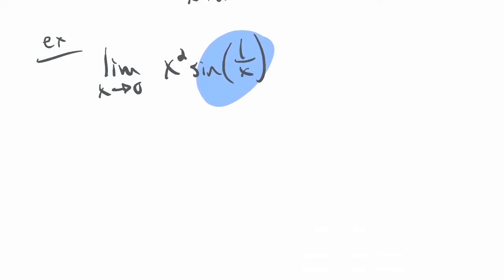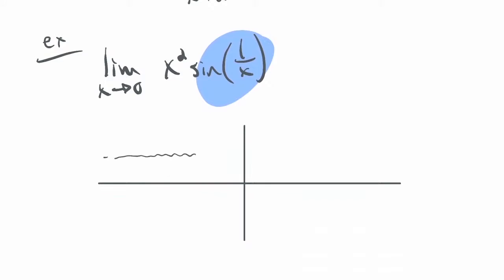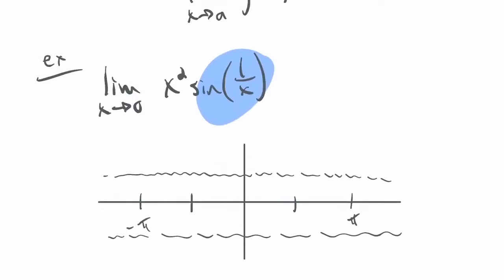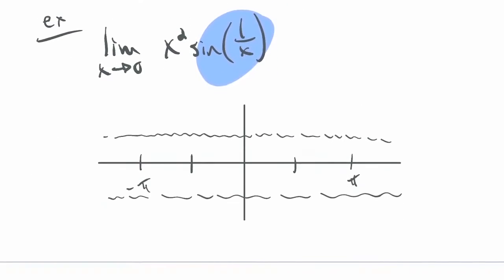So if you graph sine of 1 over x rather, then you get something like this. So here's y equals 1, here's y equals negative 1. Here's, say, negative pi, here's, say, pi. Here's pi over 2, and here's negative pi over 2. Sine of negative pi is 0.